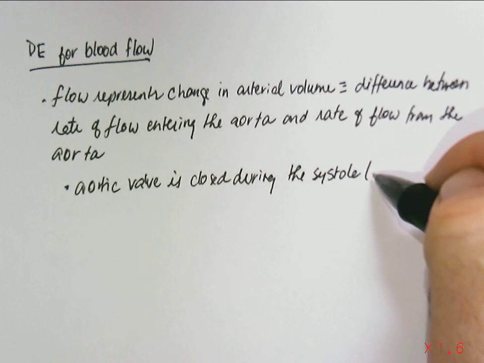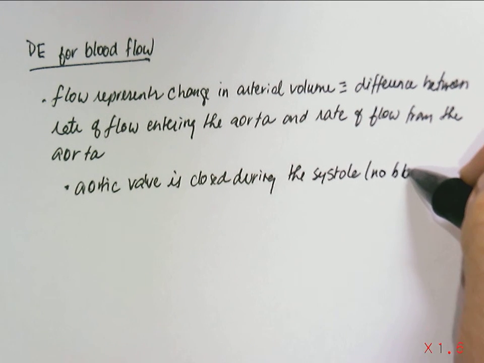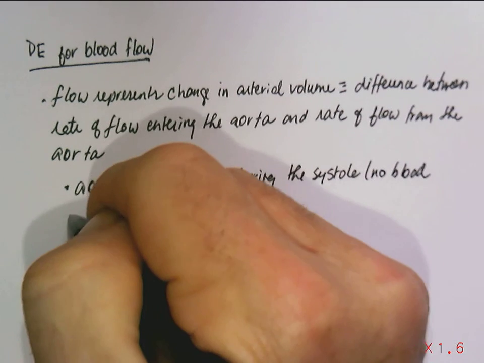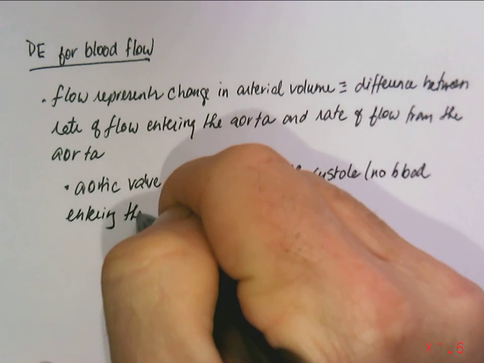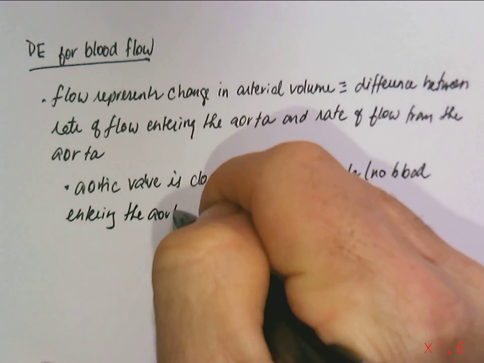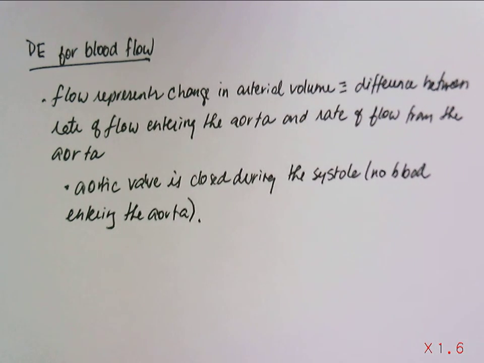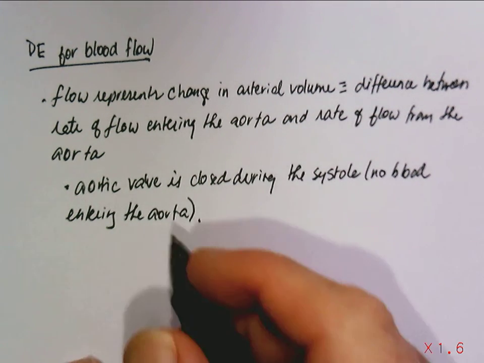So that means that there's no blood entering. That's going to be useful. That's actually going to help us with the particular initial condition. All right? So here's what we know.